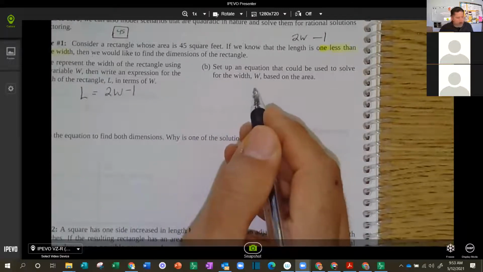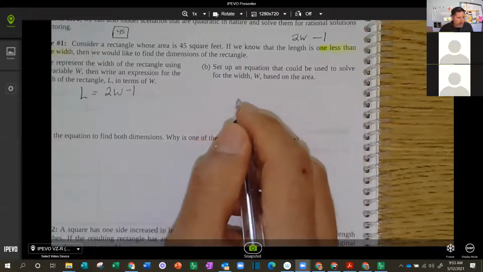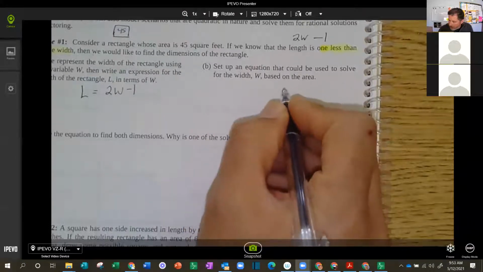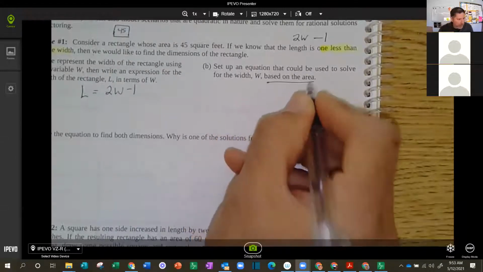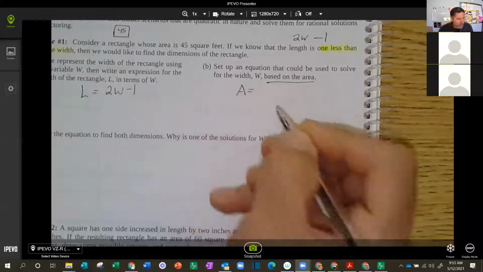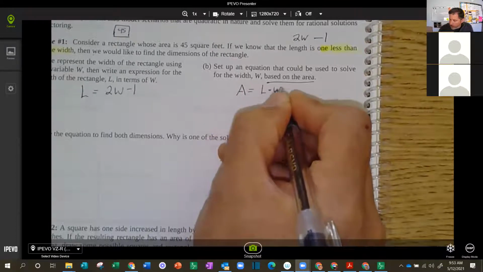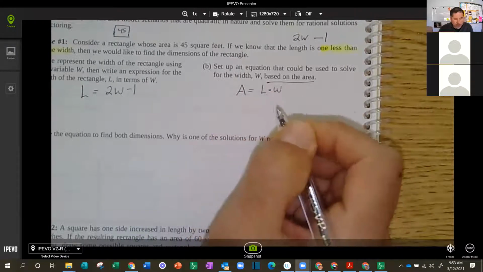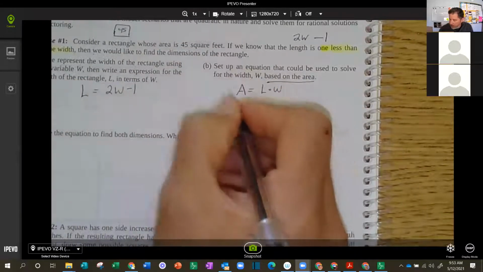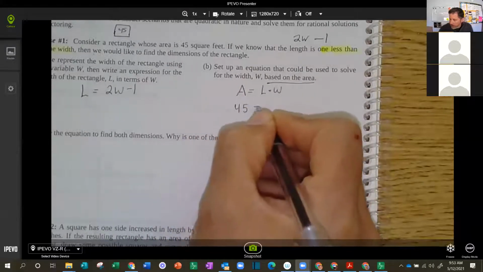So we need to think about how all of this relates to our width, based on the area. Do we know any formula that has area, length, and width in it? Of course. Area equals length times width. Knowing that, we can substitute what we know from up here. We know that area is equal to 45 square units, in this case feet.